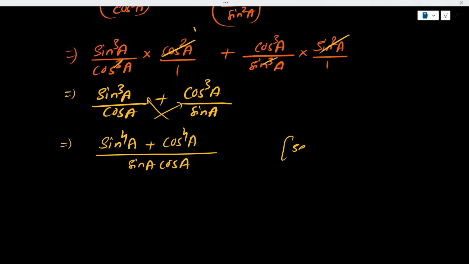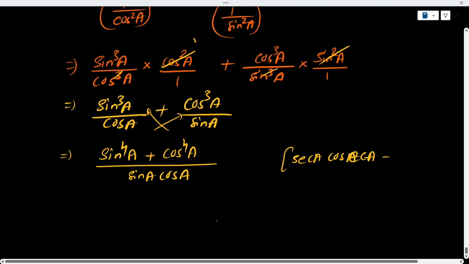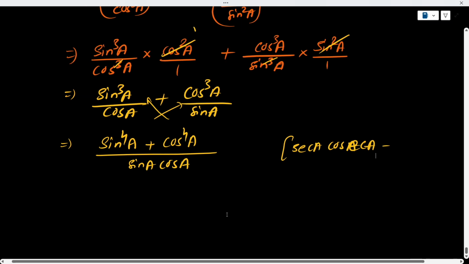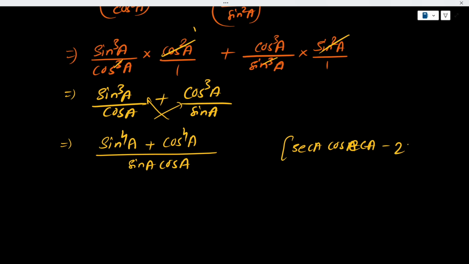Here, sec A cosec A minus 2 sin A cos A, right? So if you see here, the denominator 1 by sin A cos A will become sec A cosec A, but one of the terms should be 1, and the other one is a 2ab term, right? So what can I do here?